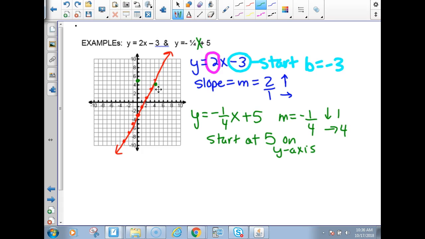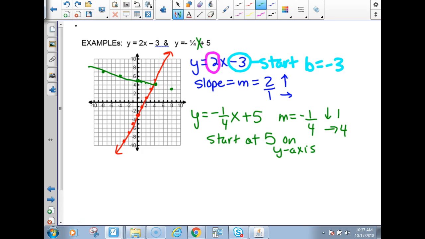Keep doing it, down 1, right 1, 2, 3, 4. I can't do it anymore going this way, so I go back to my y-intercept and reverse it. Down 1 right 4, reversed, is up 1 left 1, 2, 3, 4. So you just reverse both directions, up 1, left 1, 2, 3, 4. And those are points in line with the others.